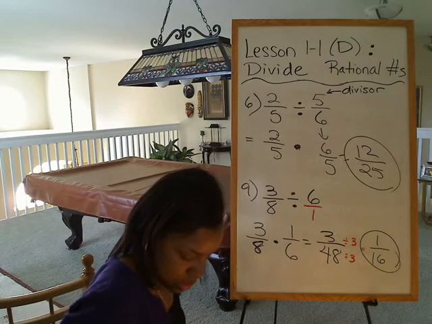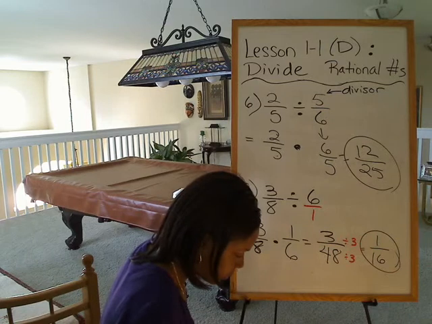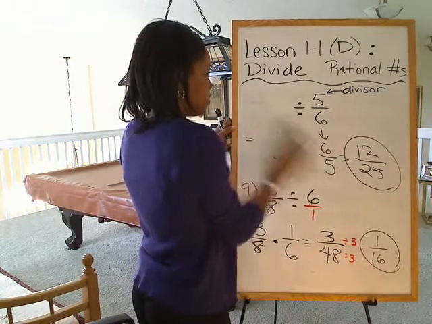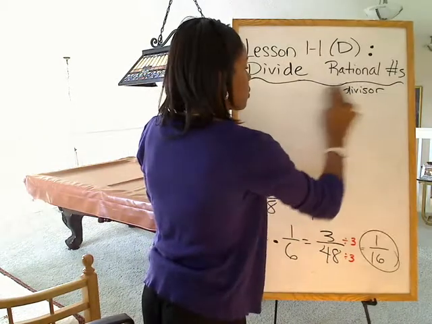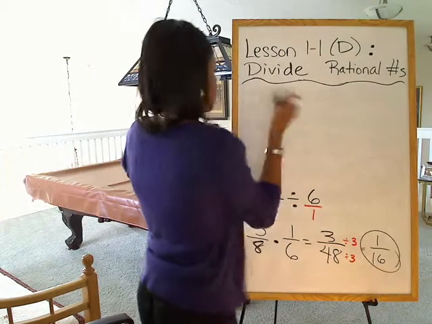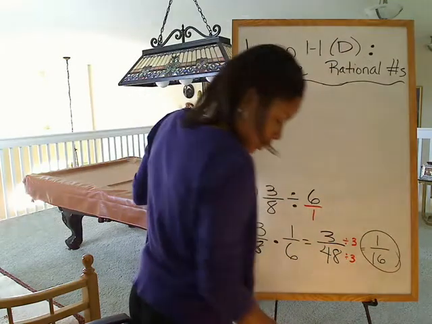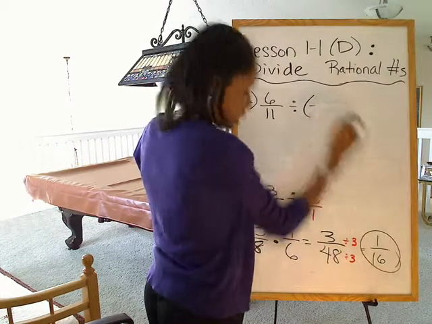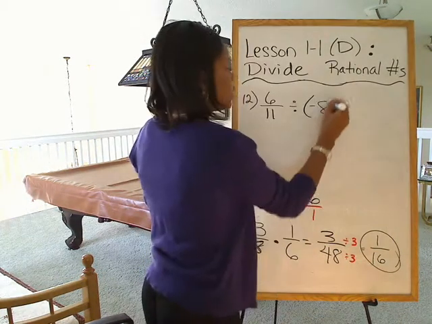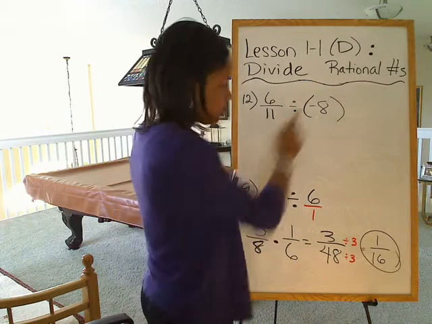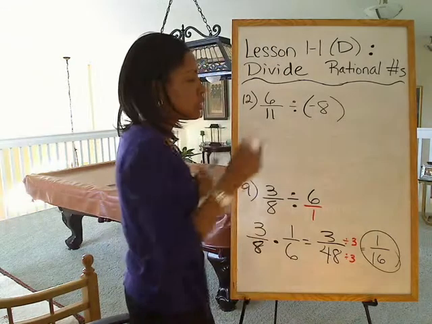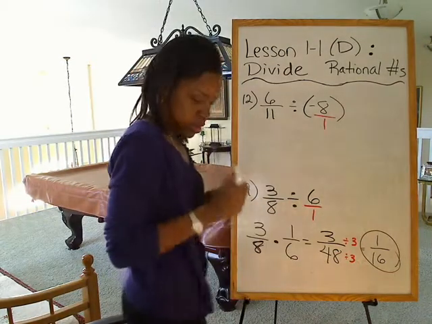Okay, let's do number 12. Number 12 says 6/11 divided by -8. So again, the only reason the parentheses is there is because it's negative. They don't want to write the division sign and the negative right next to each other. But let's make this a fraction, put it over 1.